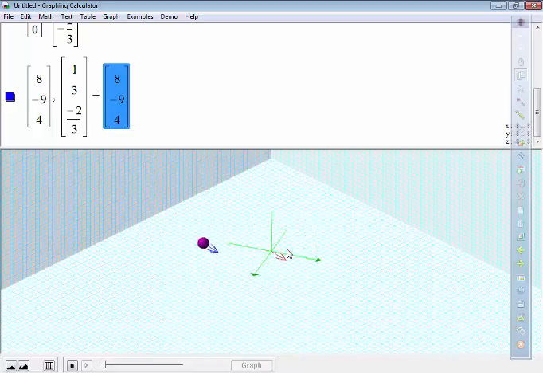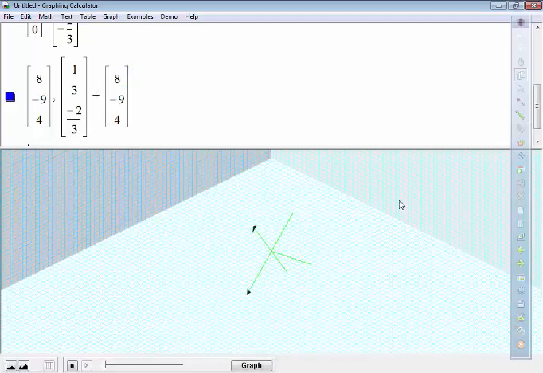Now let's draw that line. What was the equation of that line? I probably want the equation of the line to look like parametric equations, but I could do it in regular equations.